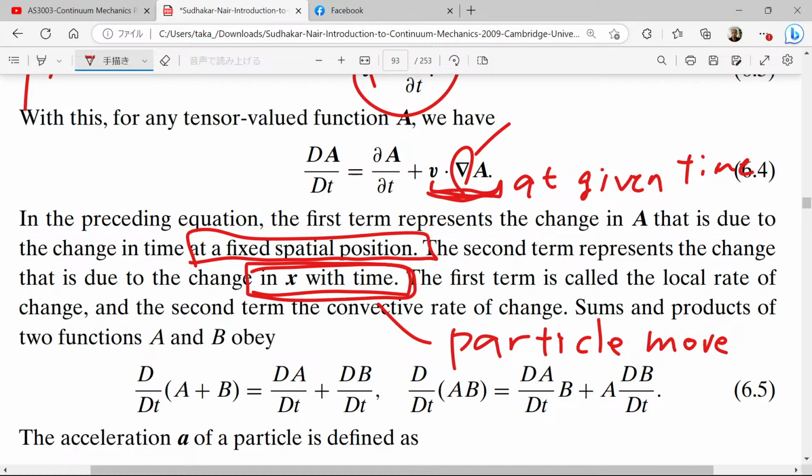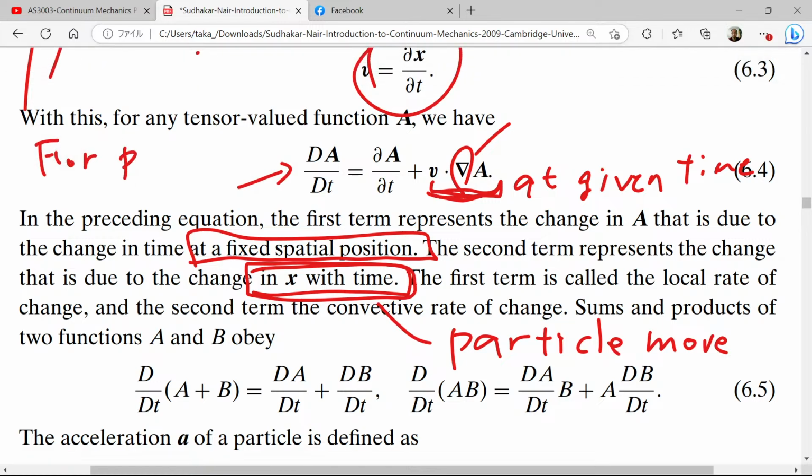See, because this field is for particle x. This field, tensor field A, is something particle x can feel.